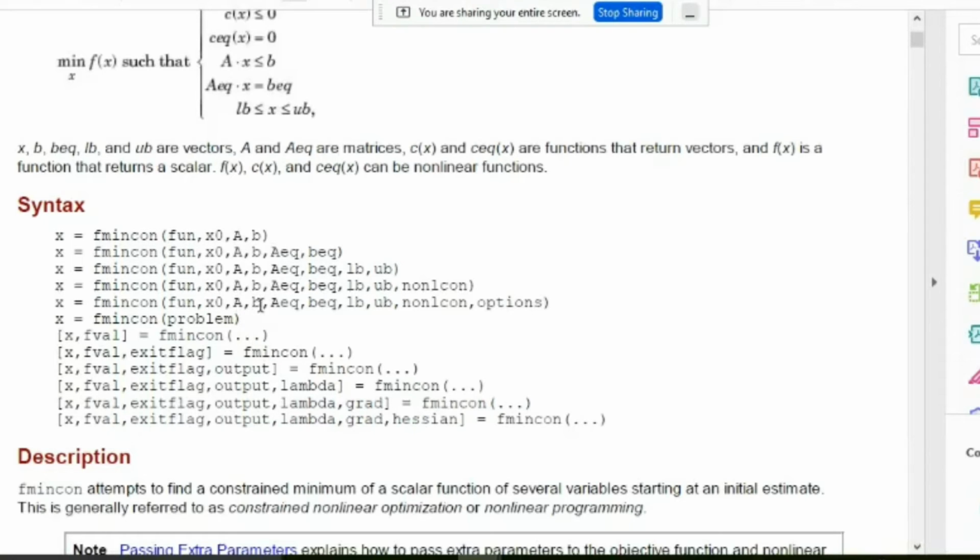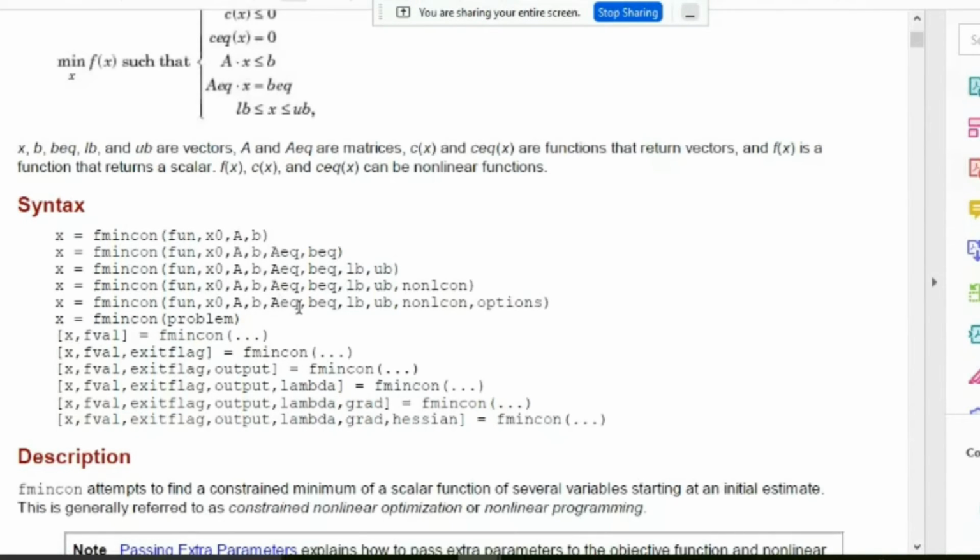Then A, b, Aeq, beq. A is a matrix representing the left hand side coefficients of the variables of the linear inequality constraints. Then b is a vector representing the right hand side constant values of the linear inequality constraints.